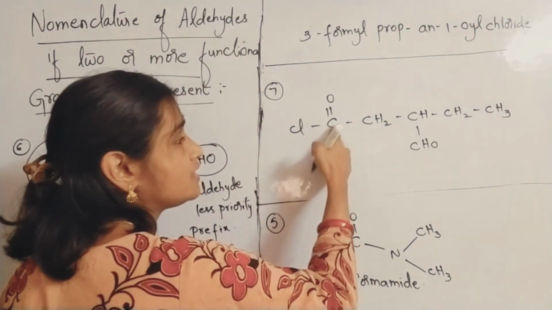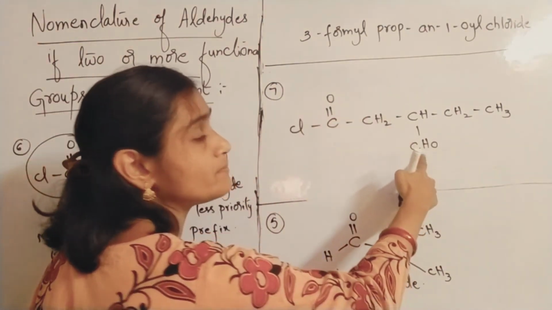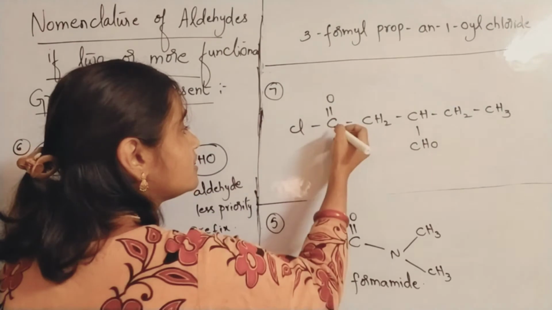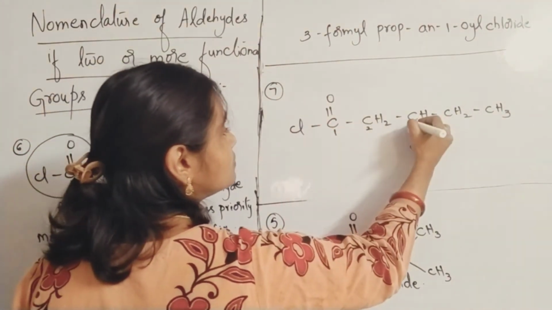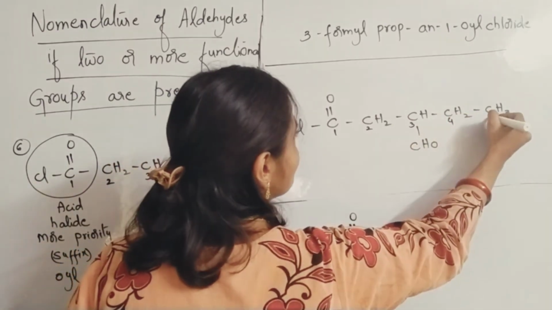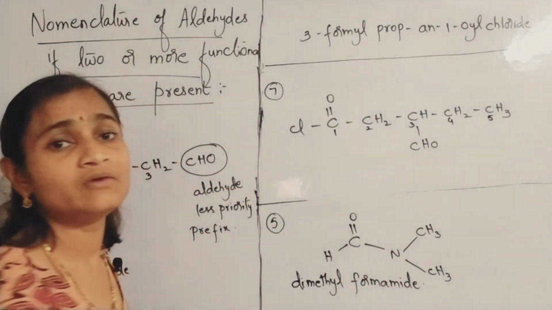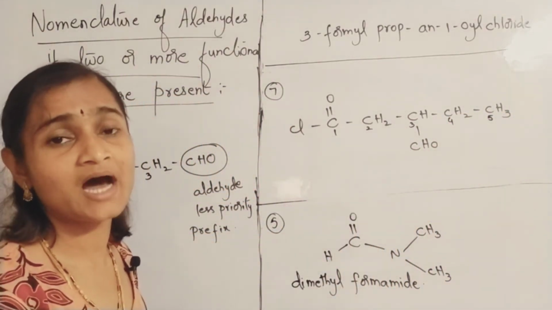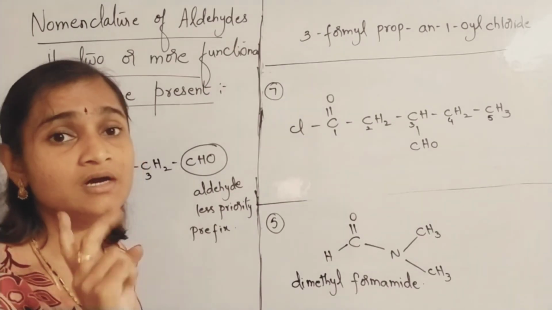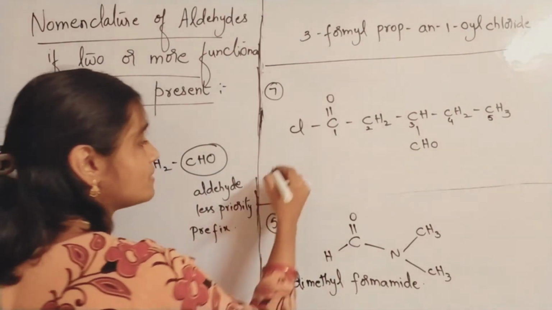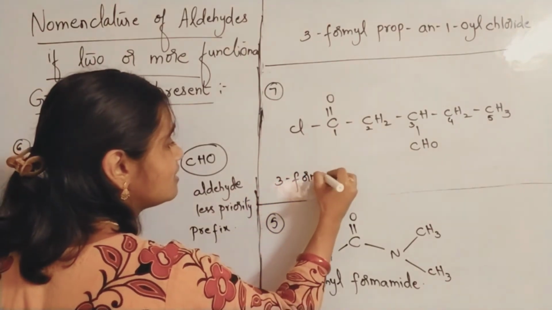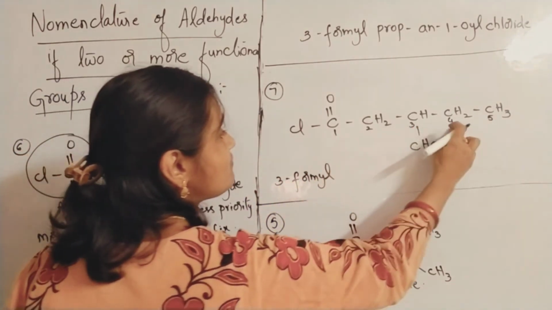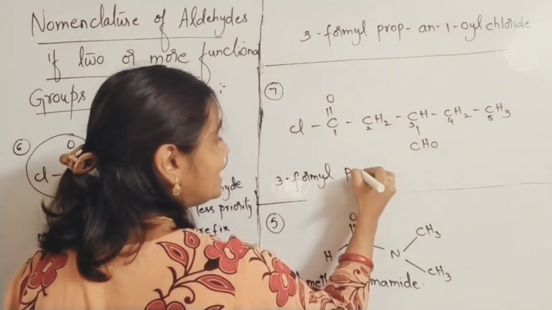This is your acid halide and this is your aldehyde. Okay, so you will start giving numbering from here. 1, 2, 3, 4, 5. To the third carbon, formyl is attached. I mean the aldehyde is attached to the third carbon. So 3 formyl. What will be the name you will be writing? 3 formyl. Root word will be, 5 carbon atoms, so pent.